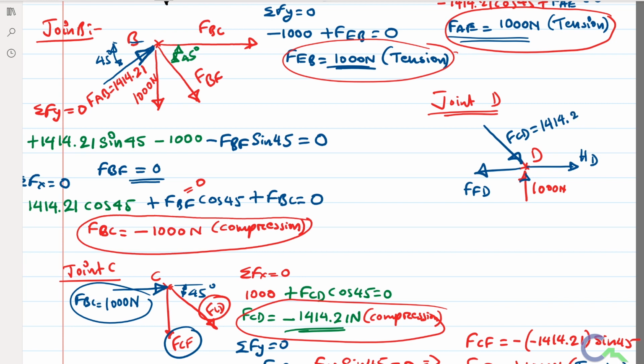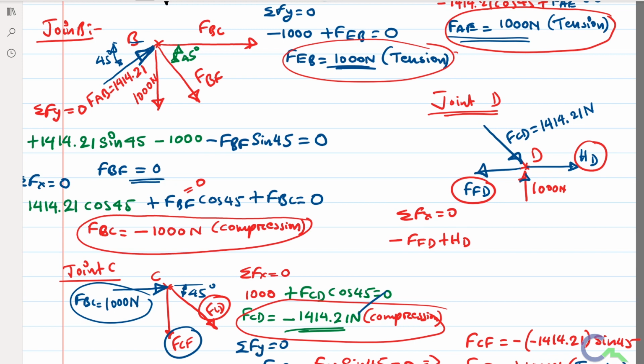That's why I am taking positive, that is 1414.21 Newton. So I want FFD. So I am going to resolve these forces in horizontal direction. So sigma Fx is equal to 0. FFD acting in negative direction, minus FFD.